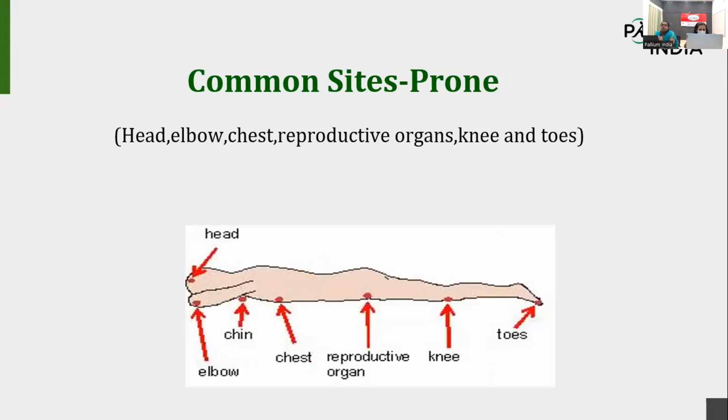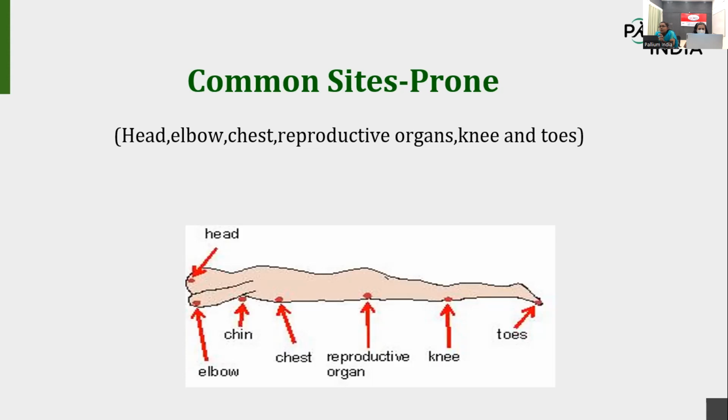Coming to the prone position: elbow, head, chin, chest, reproductive organs, knee and toes are the major bony pressure points where patients can get pressure ulcer. If the patient has a huge sacral area pressure ulcer, we put the patient in this position.